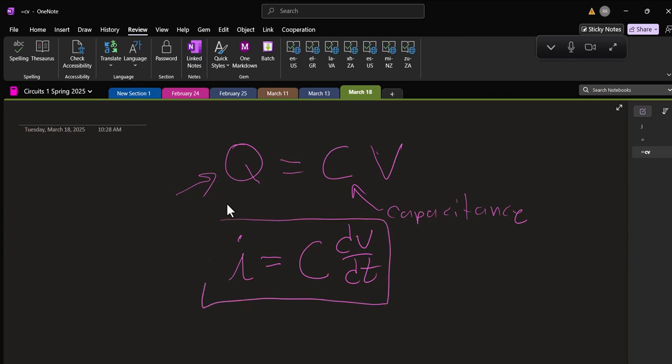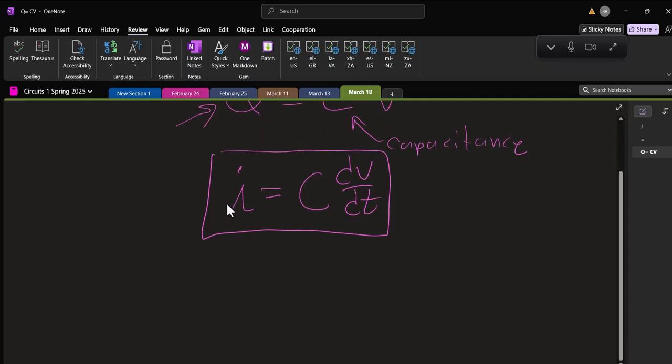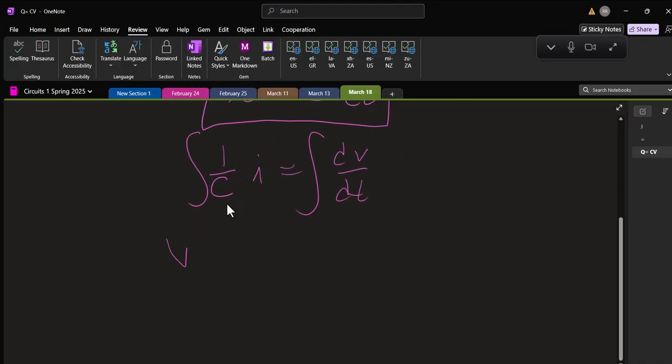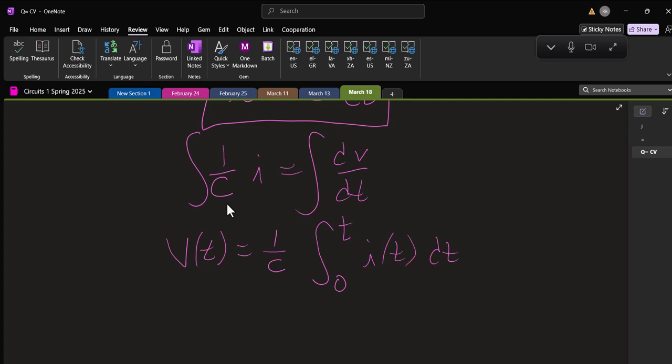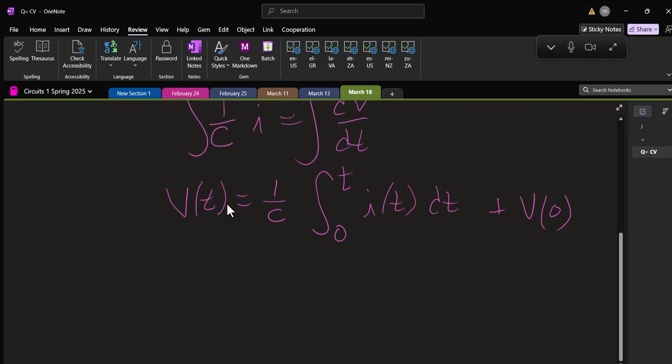So I equals C dV dt. On the other hand, if you divide both sides by C and then integrate both sides, you get that V of t equals 1 over C times the integral from 0 to t of I of t dt, plus whatever initial voltage you might have had on that capacitor. If the capacitor is uncharged, then you don't have that V of 0.